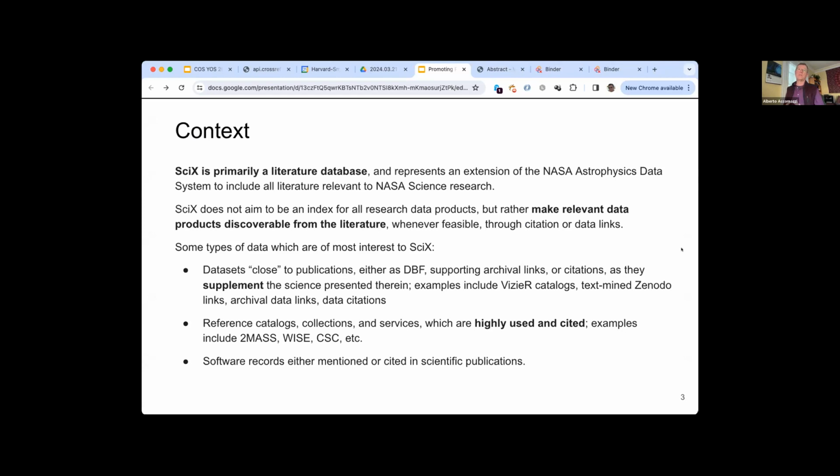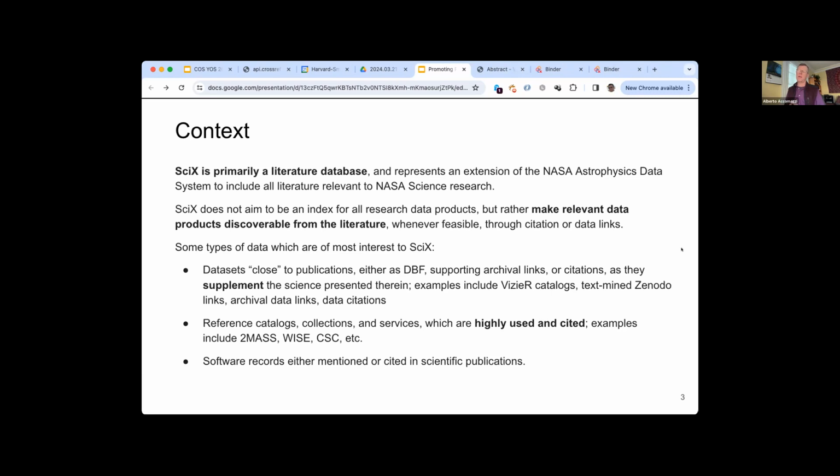So how does what we do for feeding data to the Science Explorer relate to data discoverability and reproducibility? First of all, some disclaimers. We're primarily a literature database.